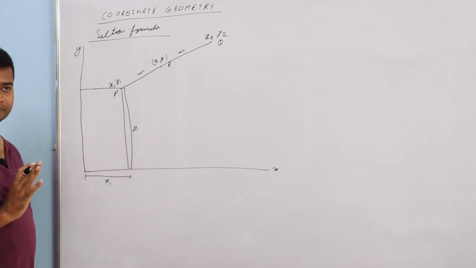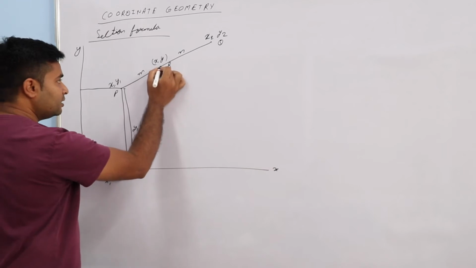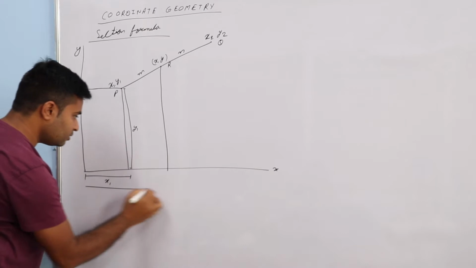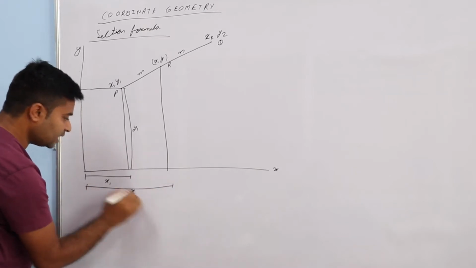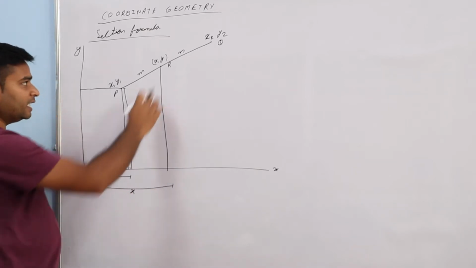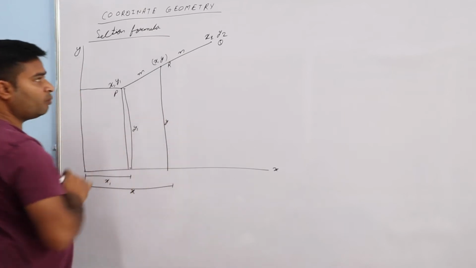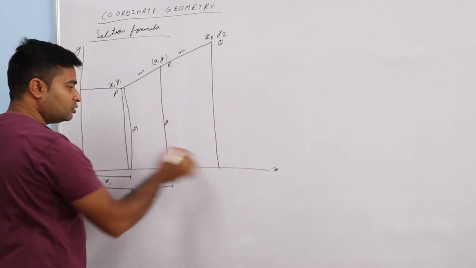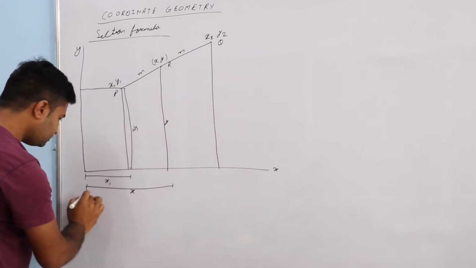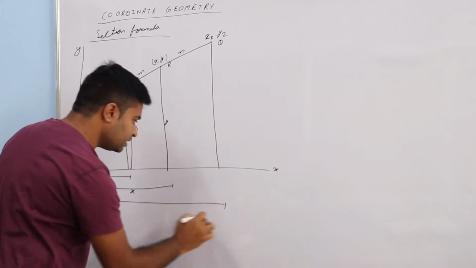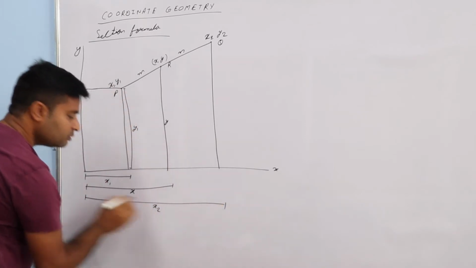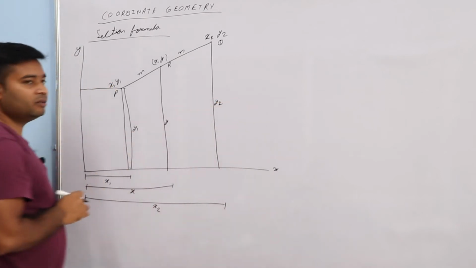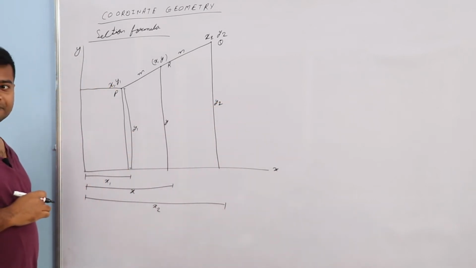Draw a line here. From here to here the distance is x and this distance is y. Now join this one. From here to here the distance will be x2 and this distance will be y2.